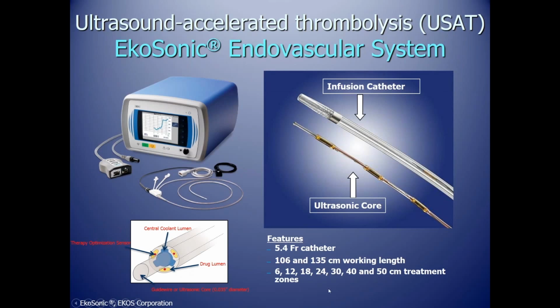For PE, we're primarily using the 12, most commonly, and occasionally the 18 centimeter infusion length catheters. This is going to go in the central lumen of the catheter once you pull your wire out. The whole idea is this is not a mechanical device. It doesn't disrupt the clot. What it does is the ultrasound energy will cause the fibrin strands to separate and allow a much more effective and efficient distribution of the TPA into the clot.